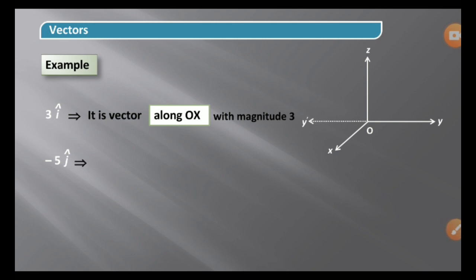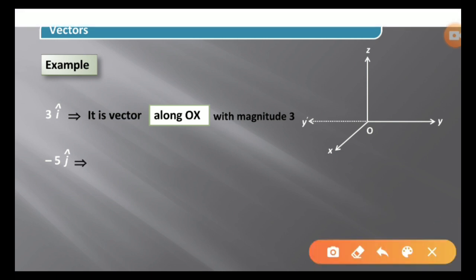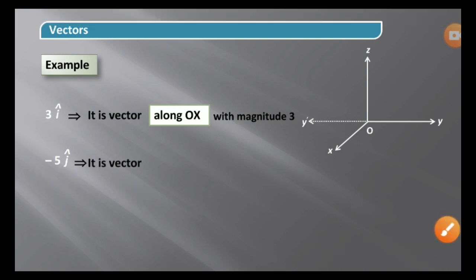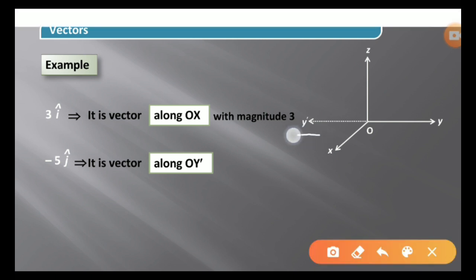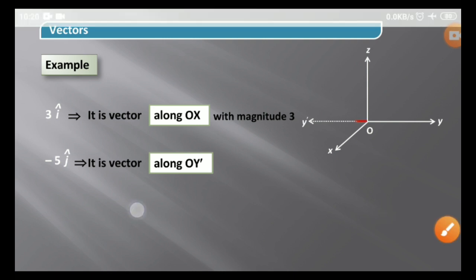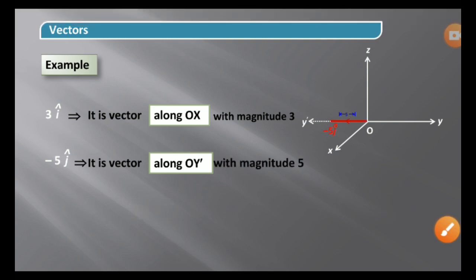Next example, minus 5j. Students, observe the minus sign here. Therefore, it is a vector along OY dash, which is the negative direction of the y axis, with magnitude 5.